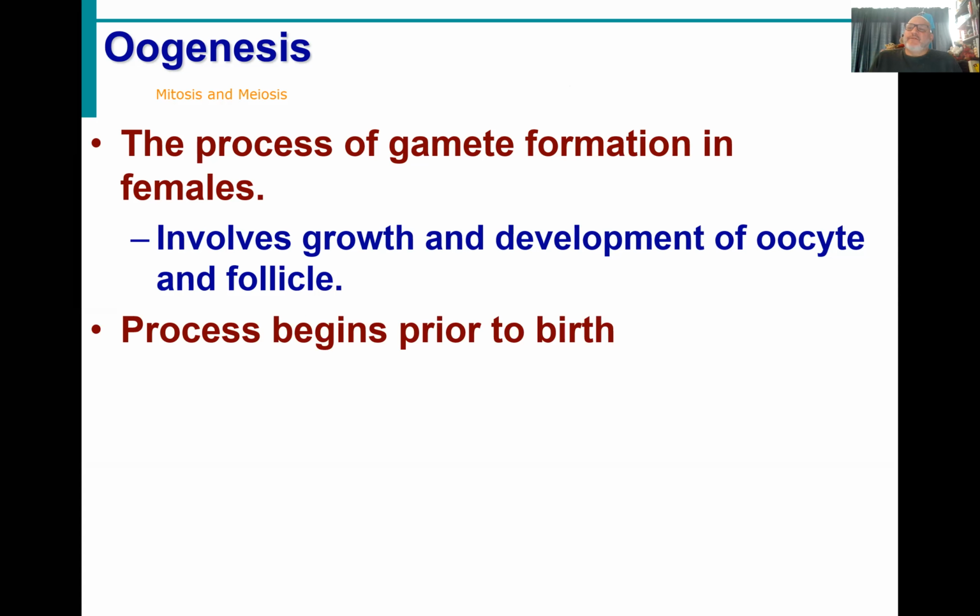Now, one of the big differences between males and females is, remember, in males, this process begins at puberty. But that is not the same case with females. Females, being the go-getters that they are, actually start the process of working on the grandkids while they're still in utero.